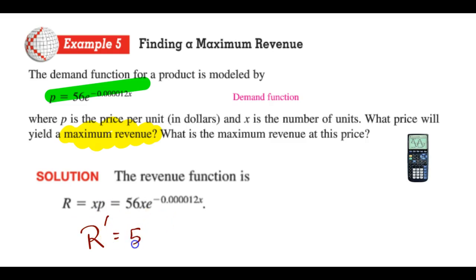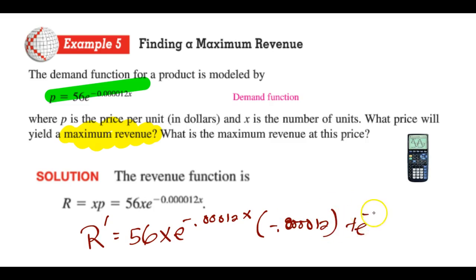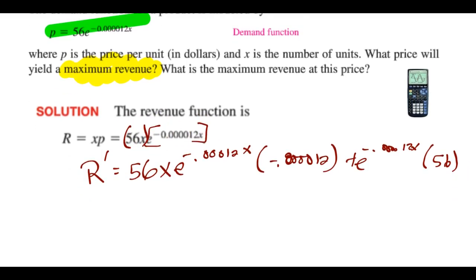I think it turns out to be around 56x times e to the, this is ridiculous, lots of zeros, negative 0.000012, plus e to the negative 0.000012x times 56. That's the product rule because there's the first term and the second term, so I did the first times the derivative of the second plus the second times the derivative of the first.